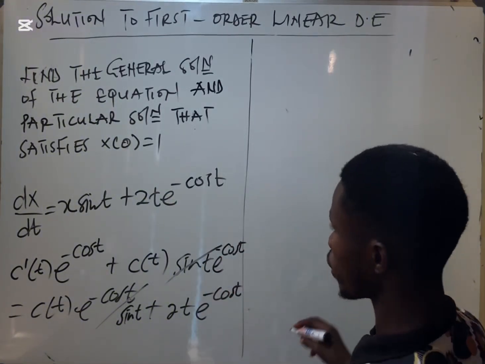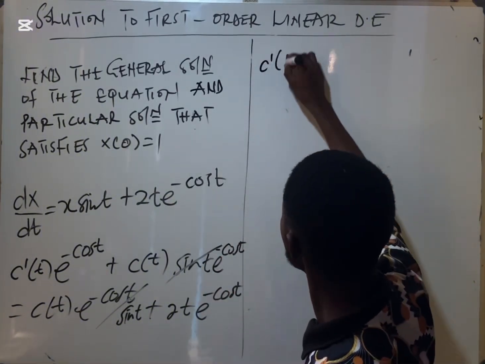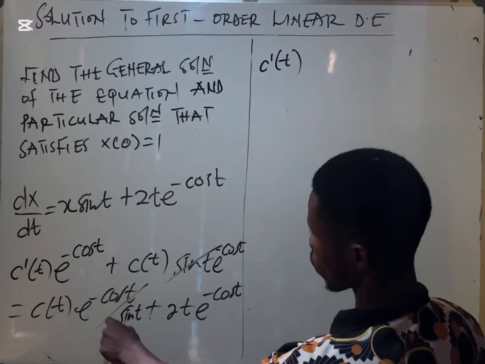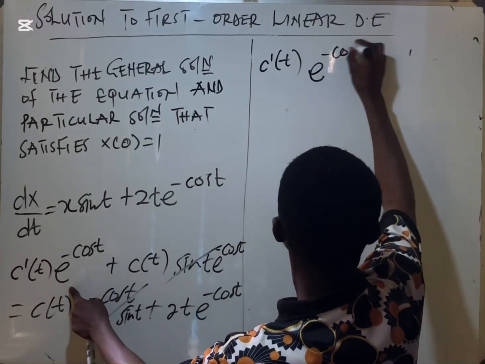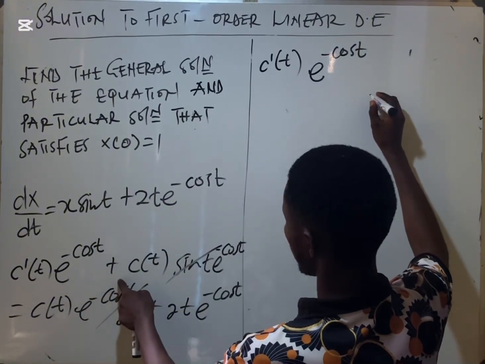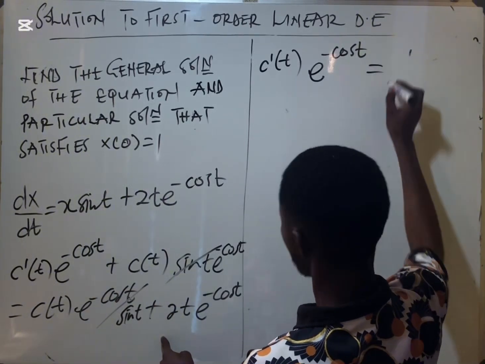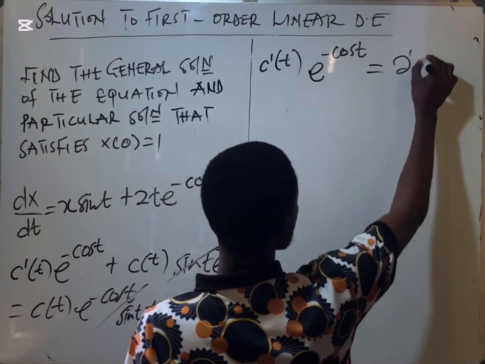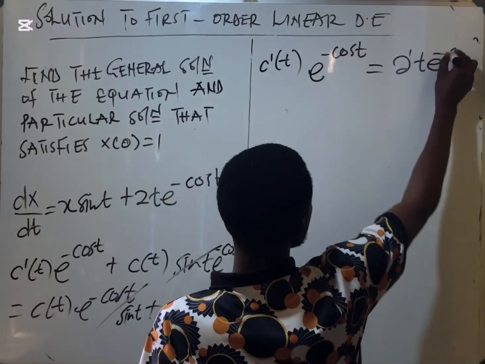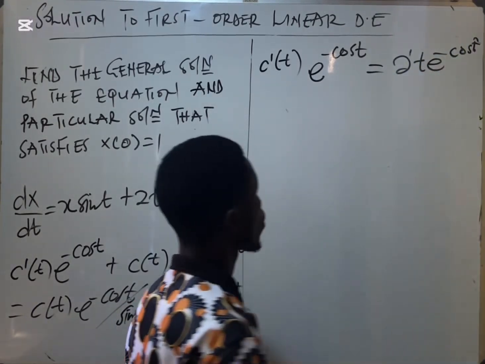So when the cancellations happen, then we have c prime of t e to the power negative cos t equals 2t e negative cos t. So this is what we are going to have.